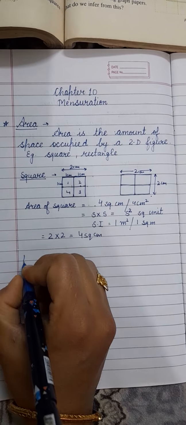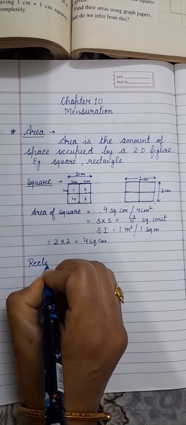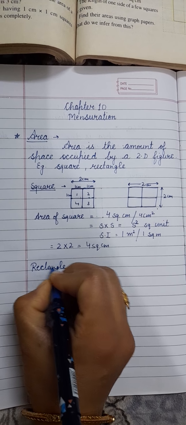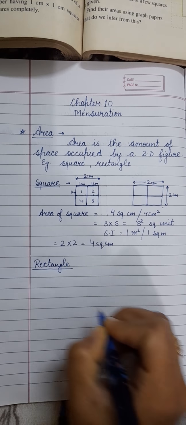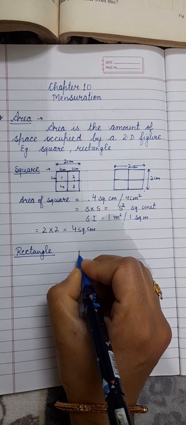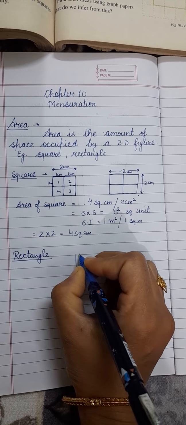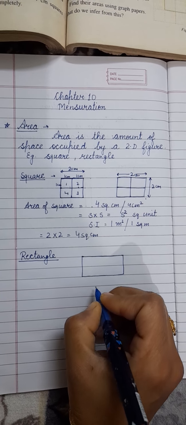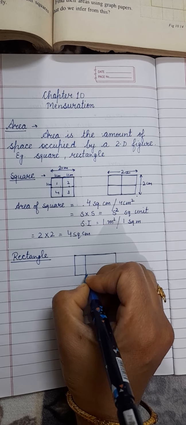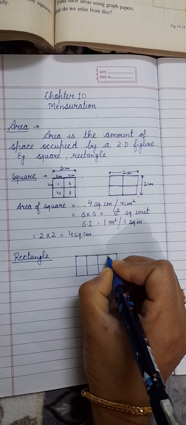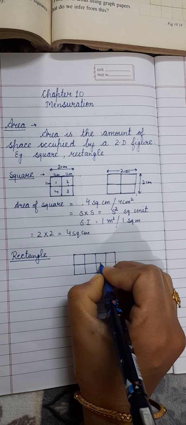Now in the same way, we can find the rectangle's area. As you know, a rectangle is a two-dimensional figure which has different length and breadth. Opposite sides are equal, and length and breadth are unequal.